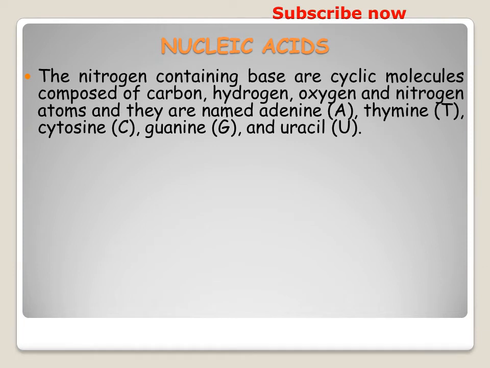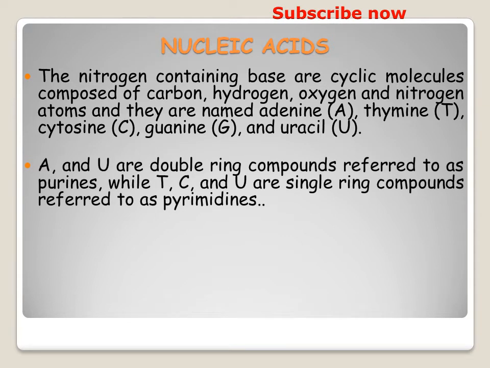The nitrogen-containing bases are cyclic molecules composed of carbon, hydrogen, oxygen, and nitrogen atoms, and they are named adenine, thymine, cytosine, guanine, and uracil. Adenine and guanine are double-ring compounds referred to as purines, while thymine, cytosine, and uracil are single-ring compounds referred to as pyrimidines.